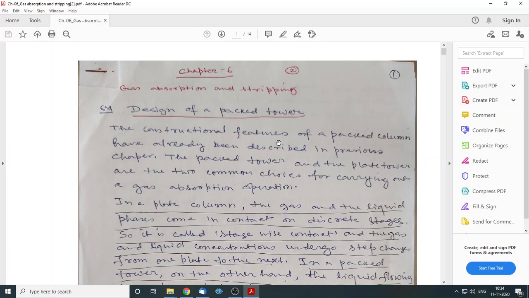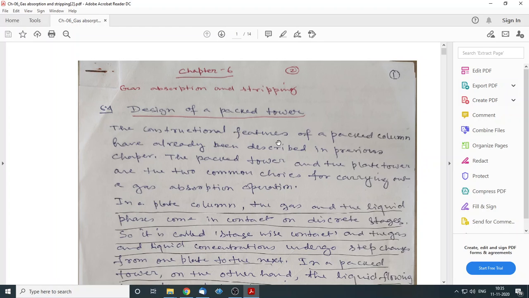But if you get the minimum, it means it will reach the pinch point. Pinch point means where the driving force is 0, and closer to this, the height of the column will be very high. So this is one concept: I first calculate the minimum, then keep the liquid flow rate 1.2 to 2 times the minimum flow rate, and then recalculate the whole thing. So this is the concept.